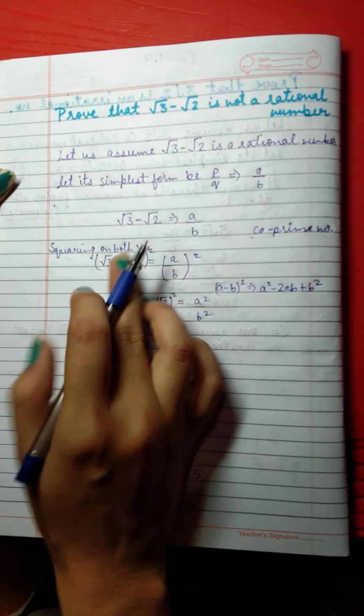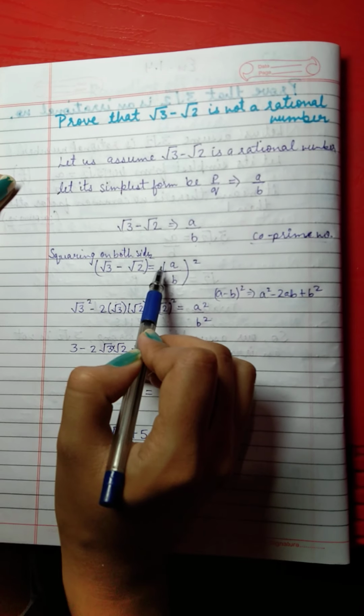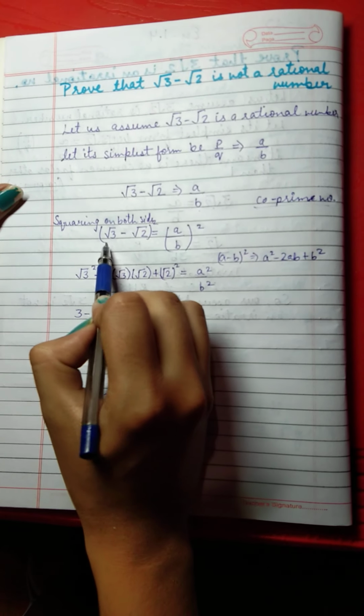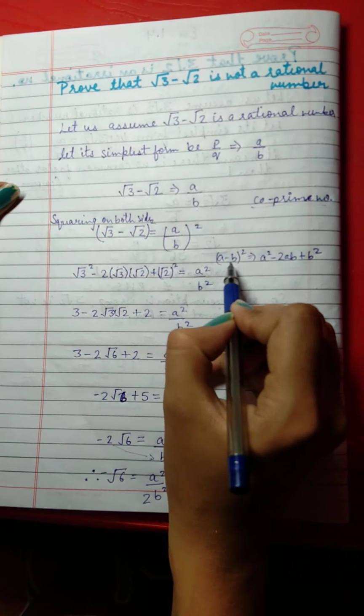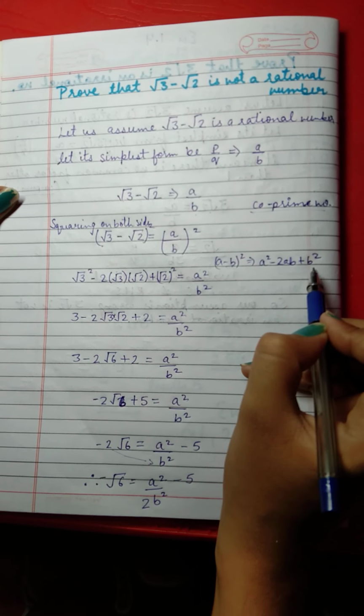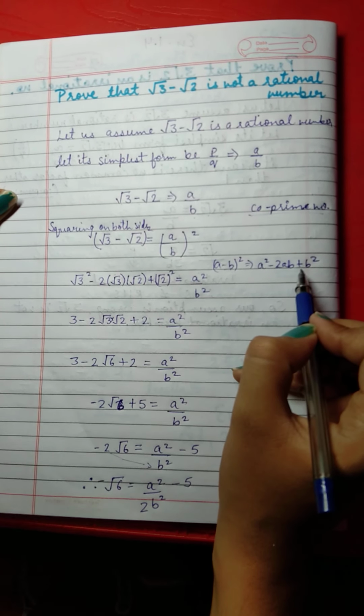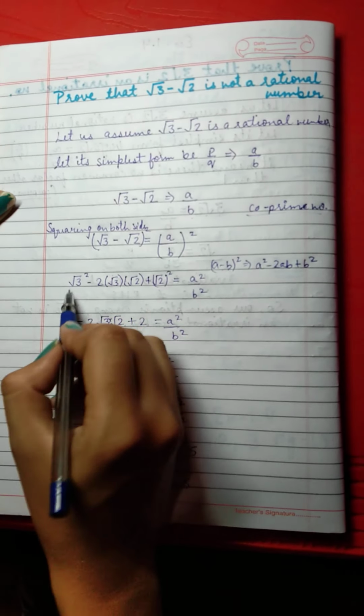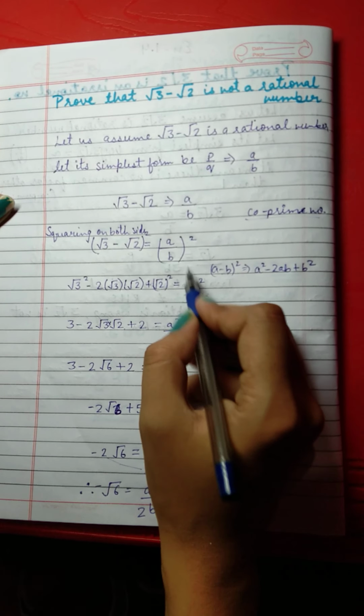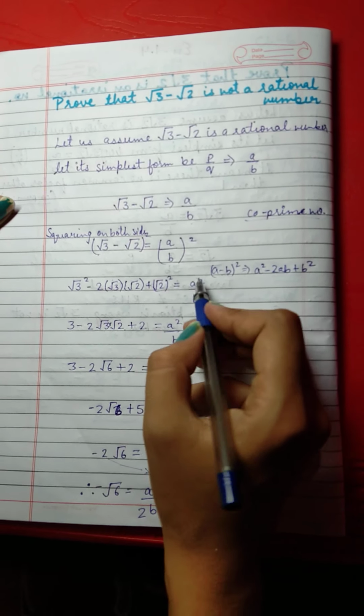Now we can square both sides to solve it further. As you know, the formula for a minus b whole square is a square minus 2ab plus b square. I have used it here, and the right side will also be squared, a upon b.